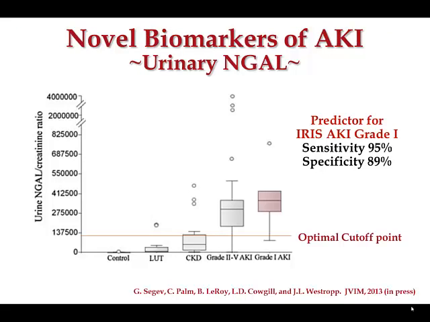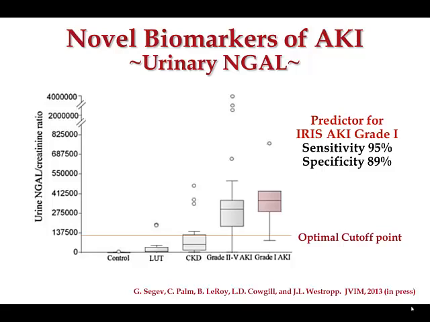I think it came out about the end of last year in JVIM, where we wanted to look at the specificity of NGAL in dogs for acute kidney injury. We compared control dogs, dogs with lower urinary tract inflammatory disease, dogs with chronic kidney disease, and animals with acute kidney injury, and these are animals with naturally occurring disease, so this is not experimental animals now.